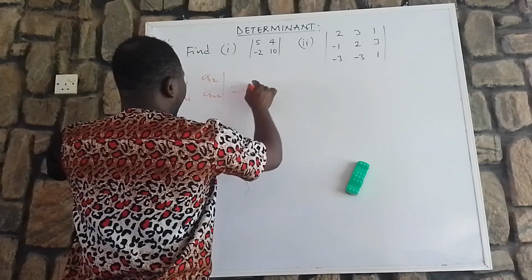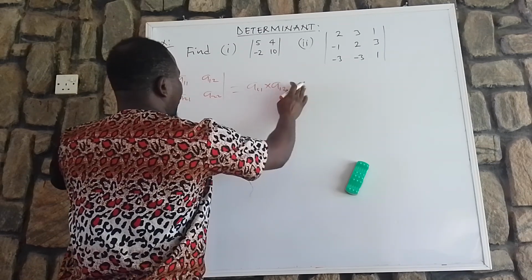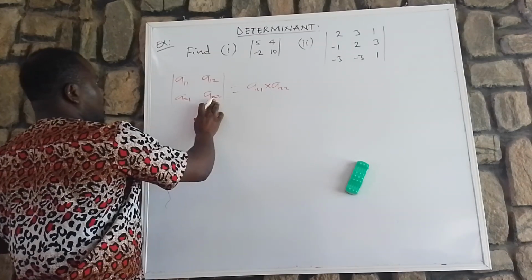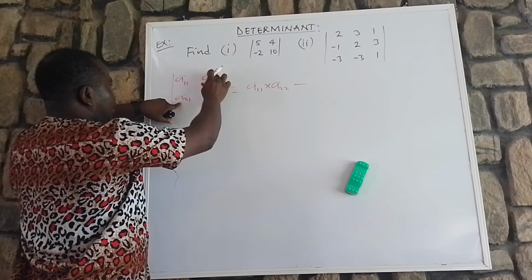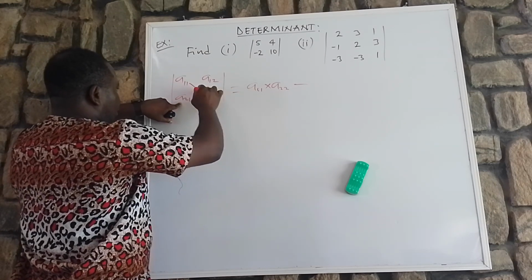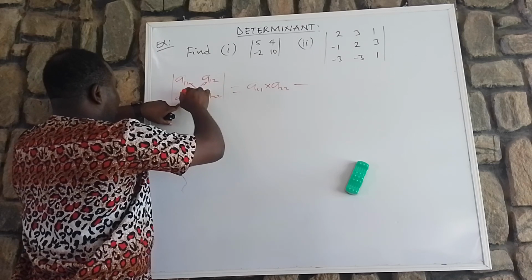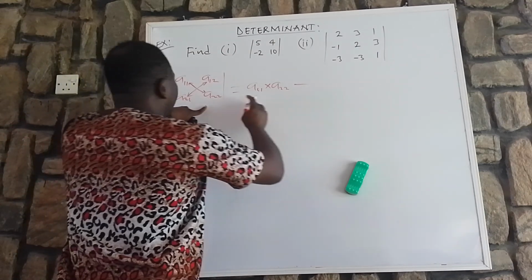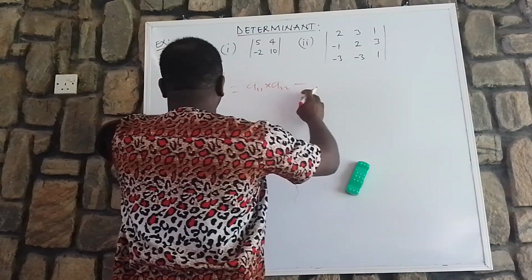Minus, that is A11 times A22, then minus this one multiply this. That is what I'm trying to do. This one multiply this, then minus this one multiply this. Multiplication is commutative.